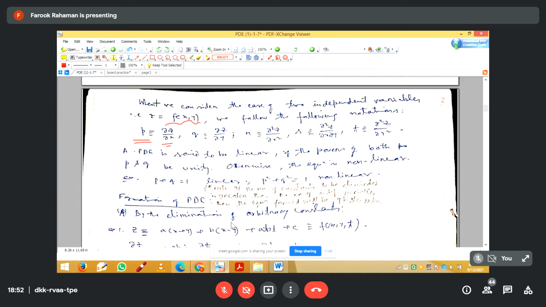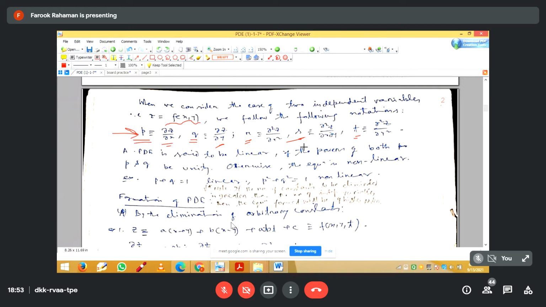If a function is a function of 2 variables only, then one can use the symbol p. So p is nothing but del z del x. q is the partial derivative with respect to y. r is the partial derivative with respect to x twice. s is the mixed derivative. t is the partial derivative with respect to y twice.